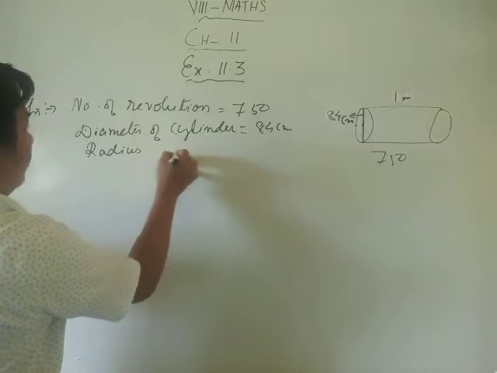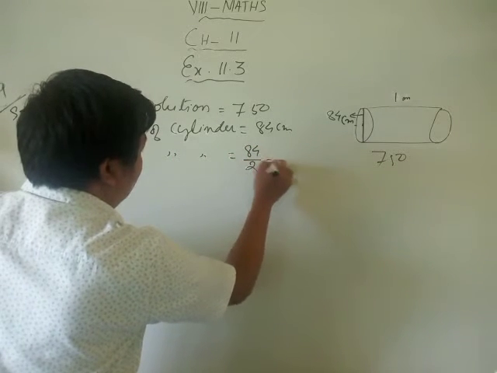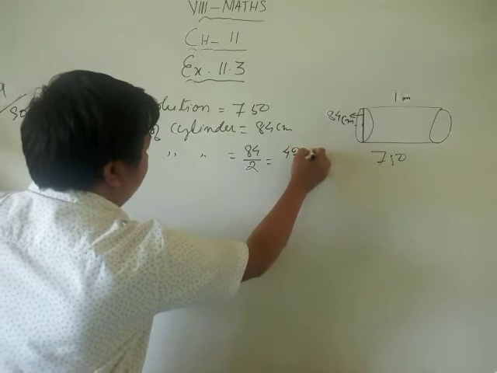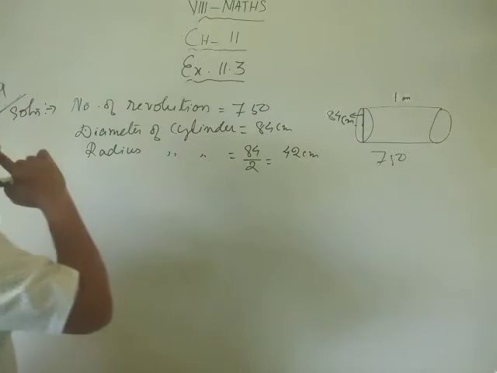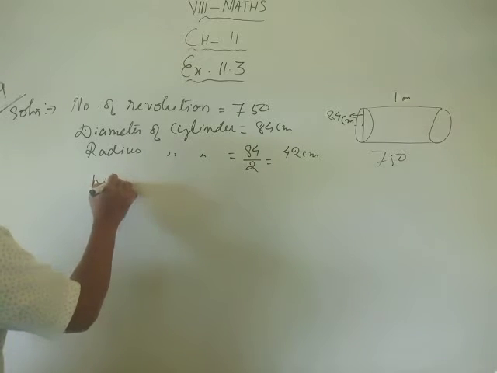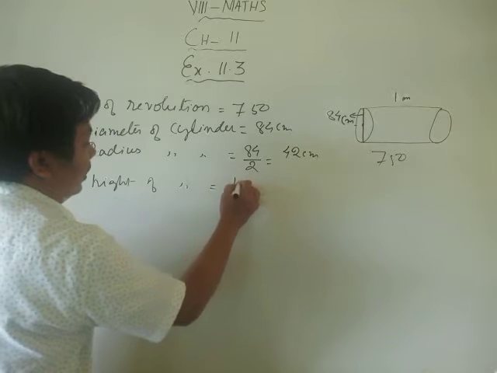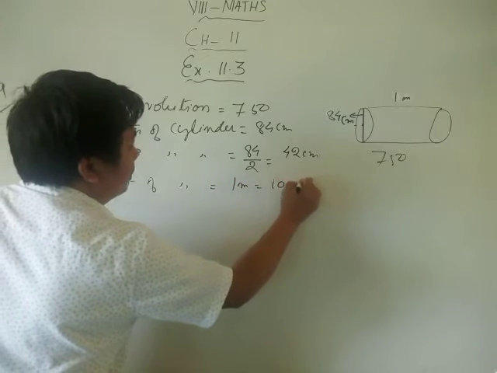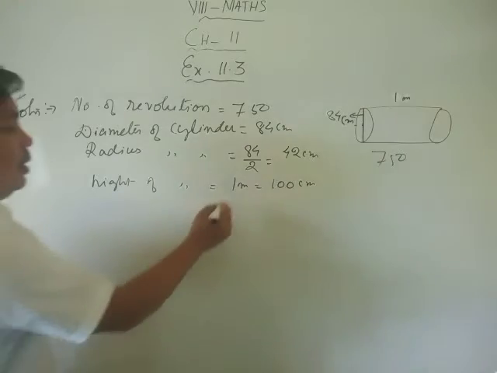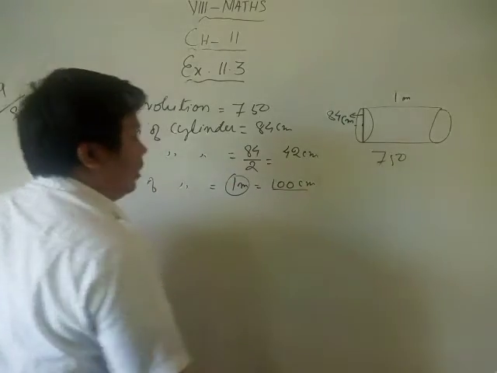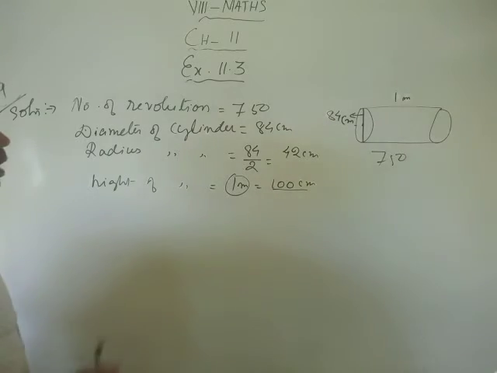Radius of the cylinder is equal to how much? 84 divided by 2. That means 42 centimeter. Now, length will be the height of the cylinder, equal to 1 meter, that is equal to 100 centimeter. Isn't it? 100 centimeter. So 1 meter has to be converted into centimeter, then it is 100 centimeter. Okay.